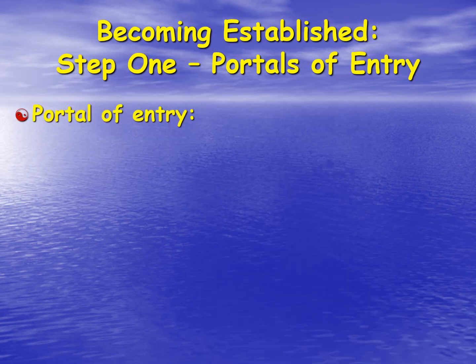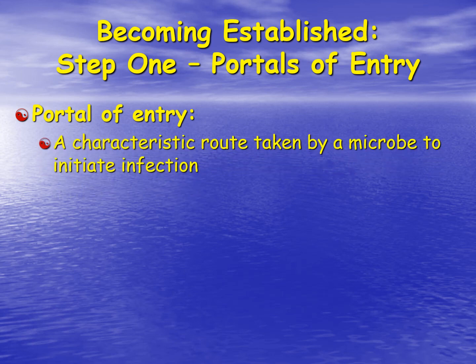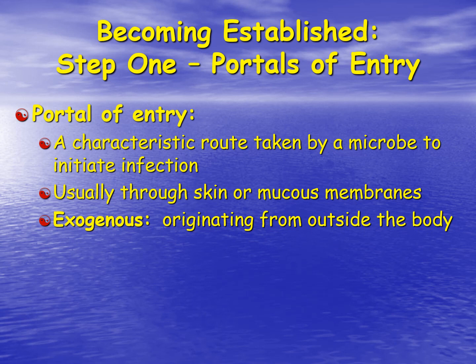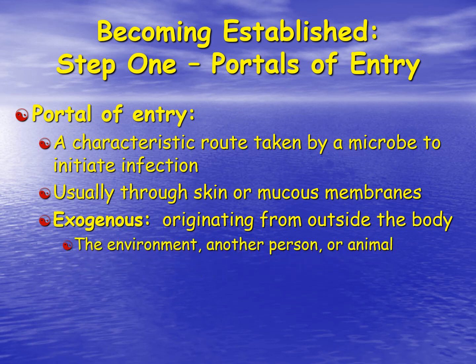So portals of entry, as I said, can be any open orifice to the outside, or it could be through a break in one of our physical barriers, the skin or mucous membranes. If the pathogen is exogenous, it means it originated from outside the body.